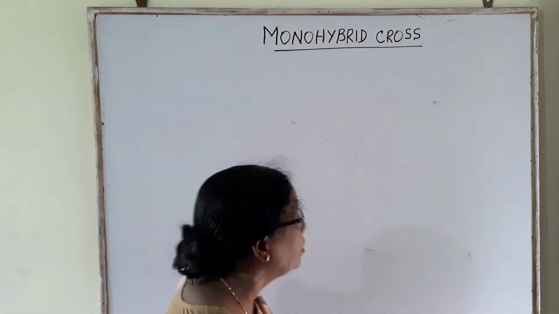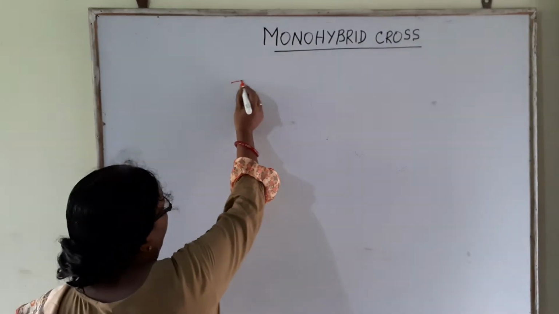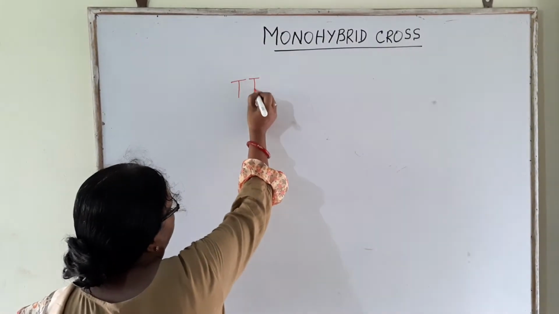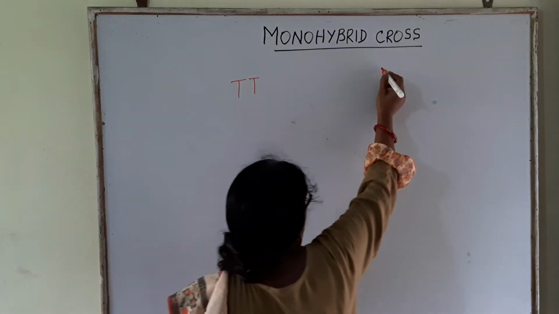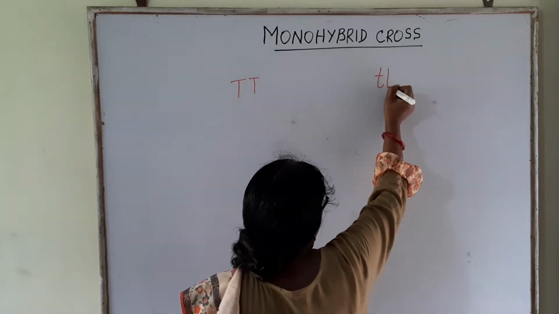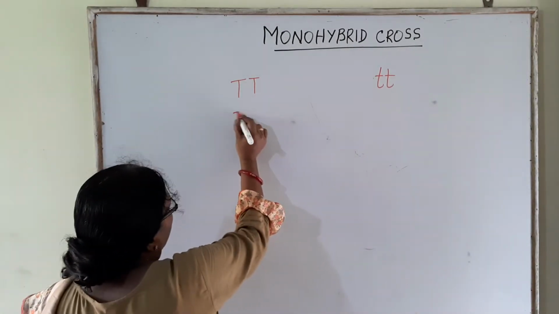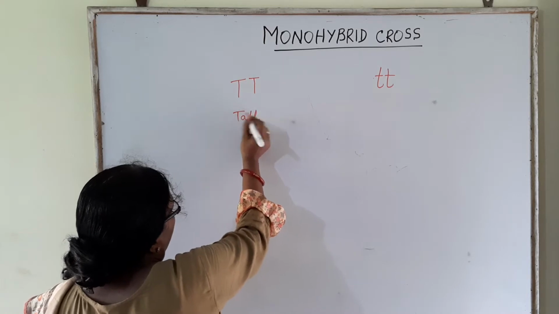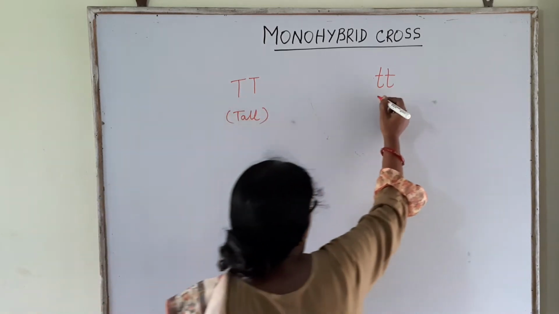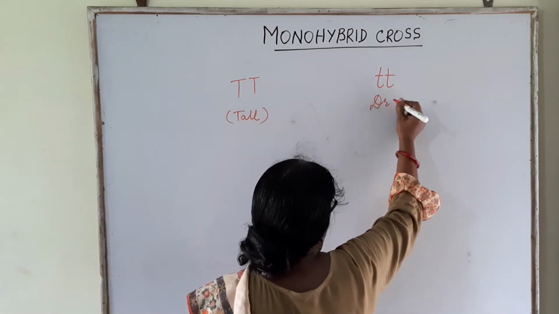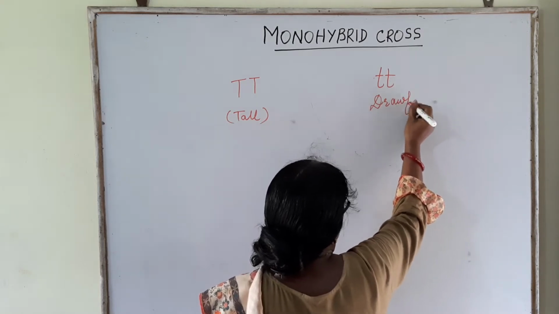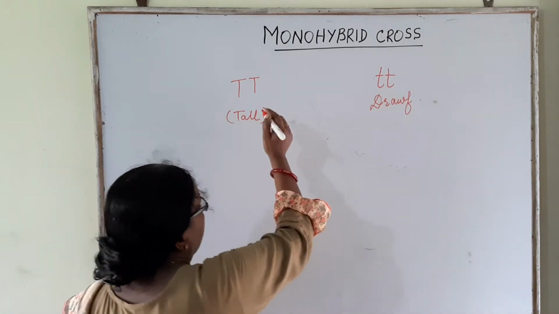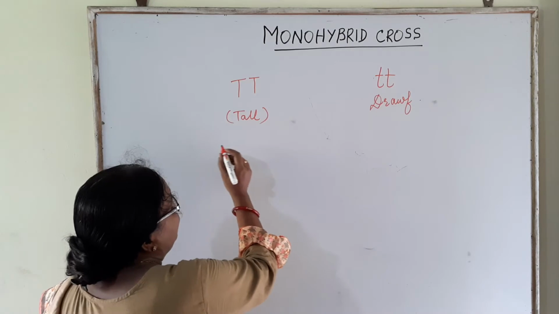So, Mendel took tall, capital T, and short, that is dwarf. This is tall and this is dwarf. When he crossed these two, what did he find?